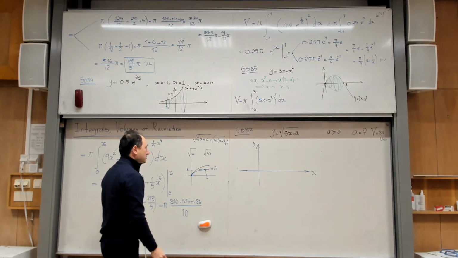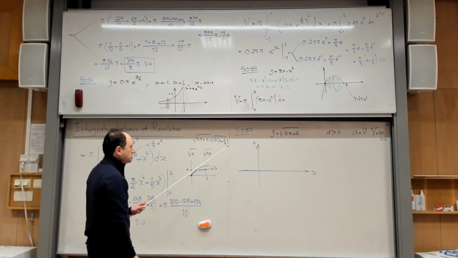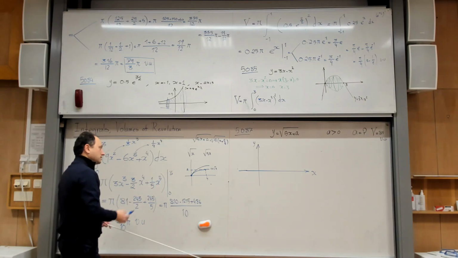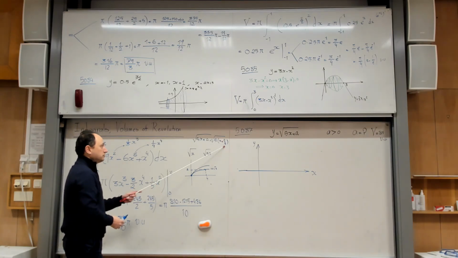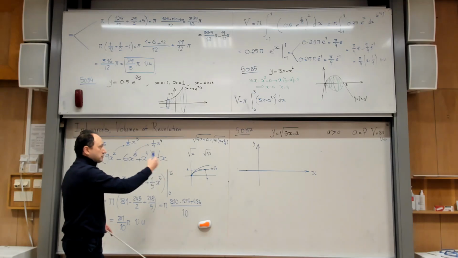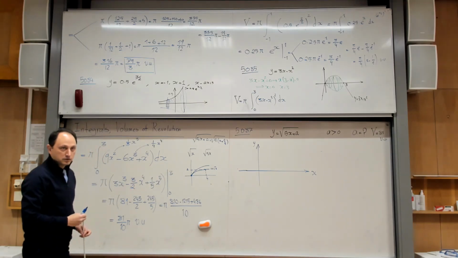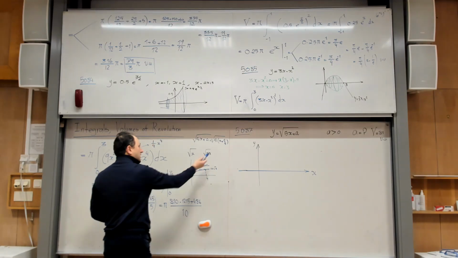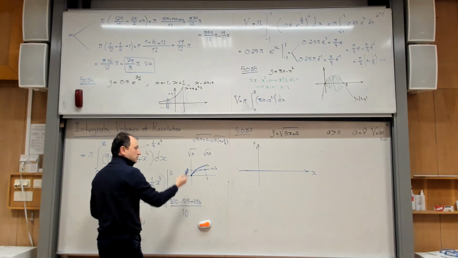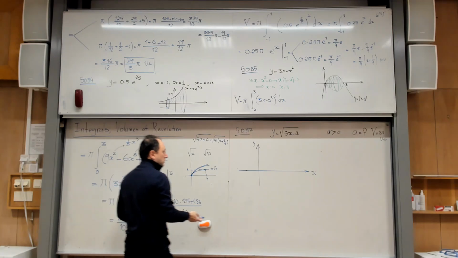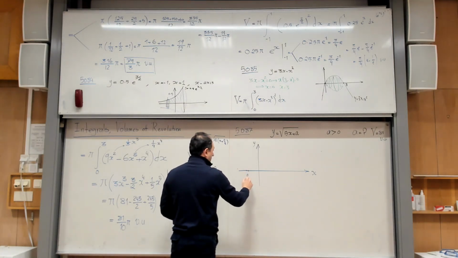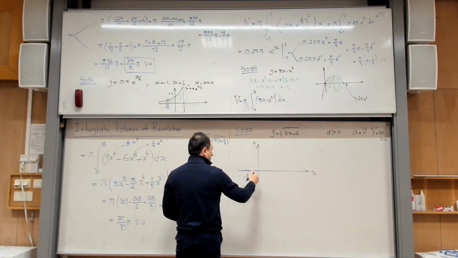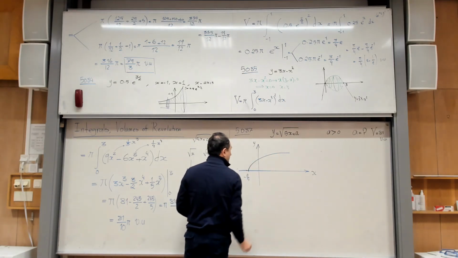We had it in chapter 2. That reminds you of a shift in direction along the x-axis. But because a over 5 is positive, so this shift is towards the left. So this means that you have to take this curve and shift it a over 5 units to the left. Okay, so for example, if that is a over 5, minus a over 5, I shift it to the left, so that would be my graph.